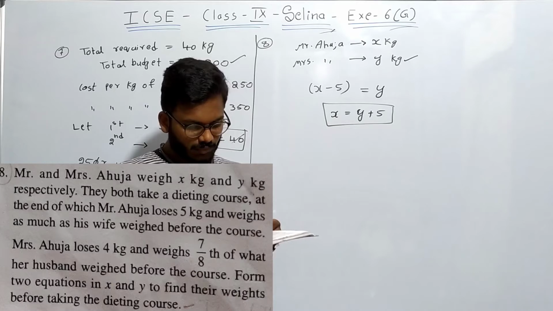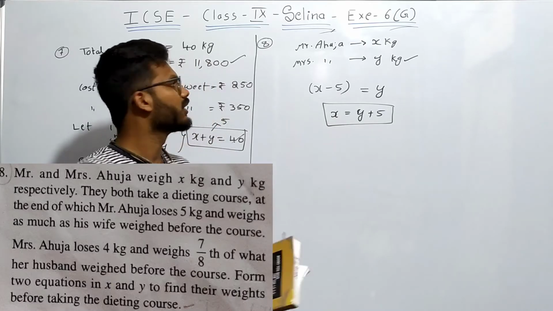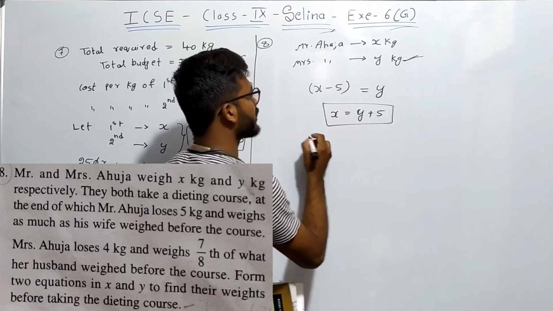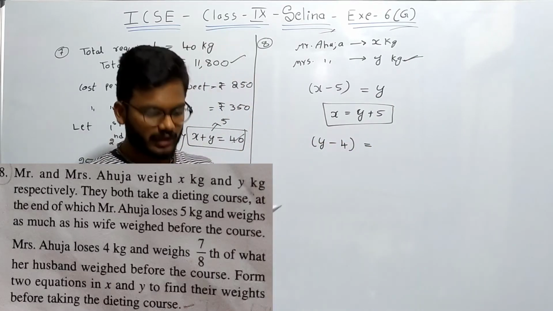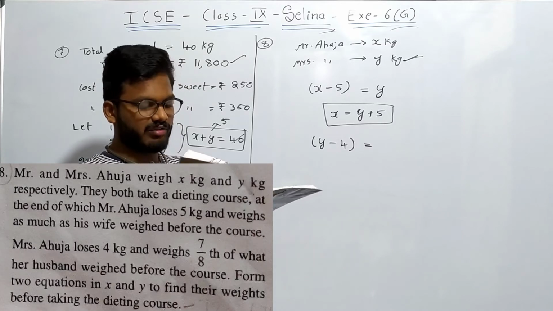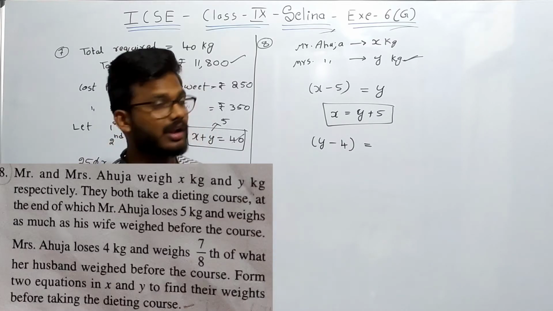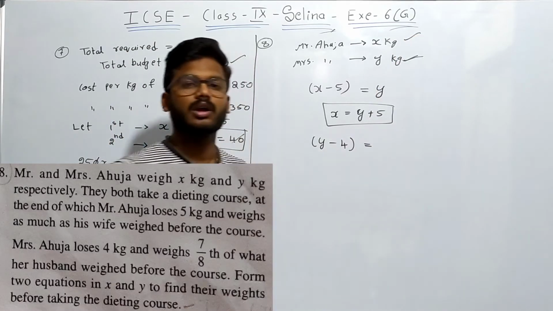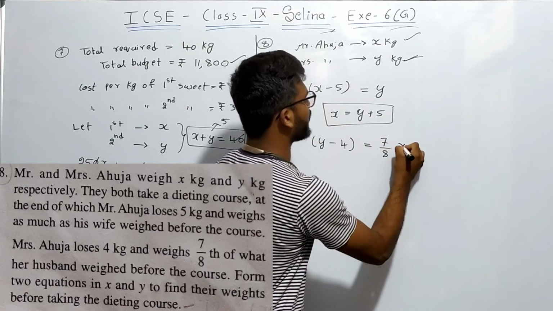Next one. Mrs. Ahuja loses 4 kgs. She loses 4 kgs means her weight is y minus 4, and what did they tell about this? Her weight is 7 by 8 of her husband's weight before the course. Her husband weighed x kgs before the course, so 7 by 8 times means 7 by 8 of x, right?